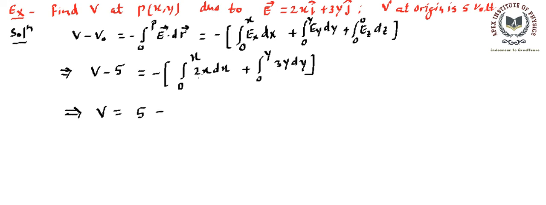This will be 5 minus, first term will become x squared by 2, and 2 and 2 get cancelled out, so simply x squared, and minus, this will become 3y squared by 2. So this will become the answer for potential at any location on the xy plane. So that's our answer. This is how we can use this formula to get the potential if the field is given, which is non-uniform.